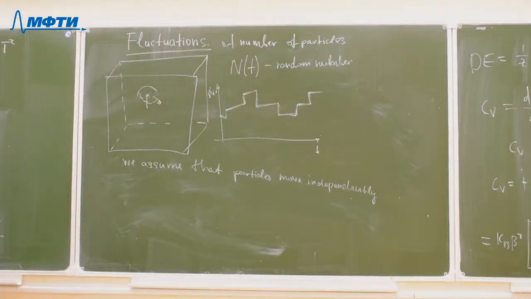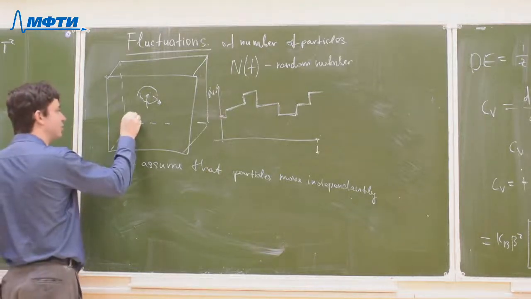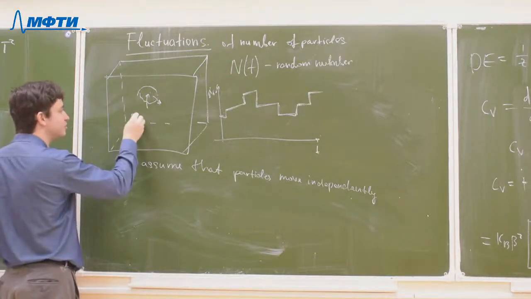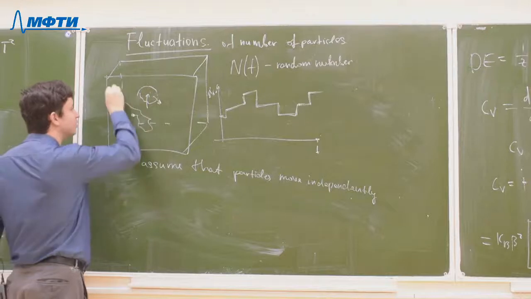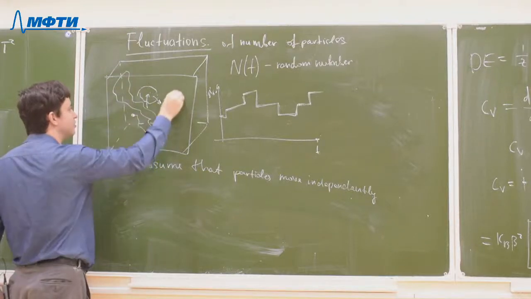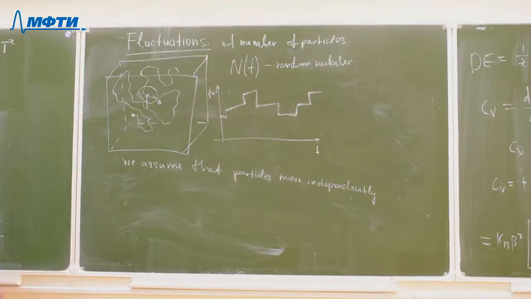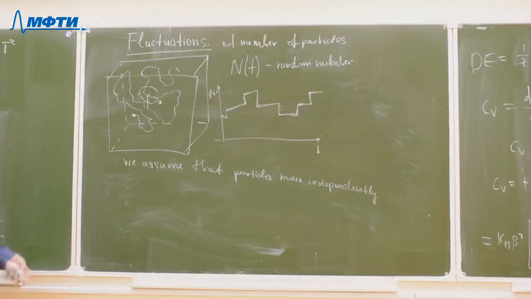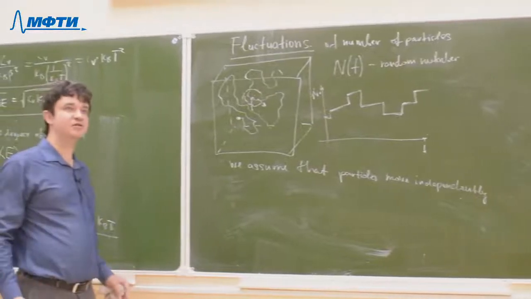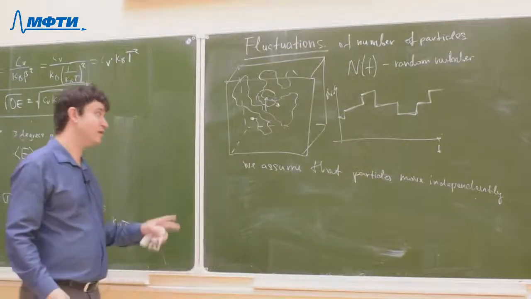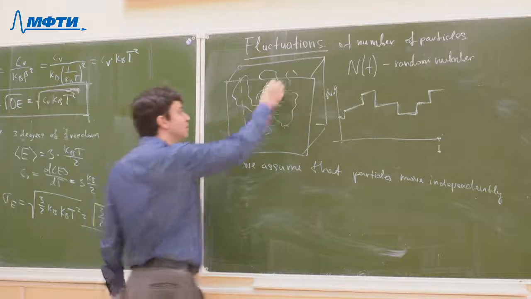That's why if we select a certain particle, a certain molecule in this vessel and look over its trajectory over time, then this trajectory will be random and it will get into any sub-volume of this vessel, and this will happen independently of the local density of particles in that volume. In the ideal gas, this is true.